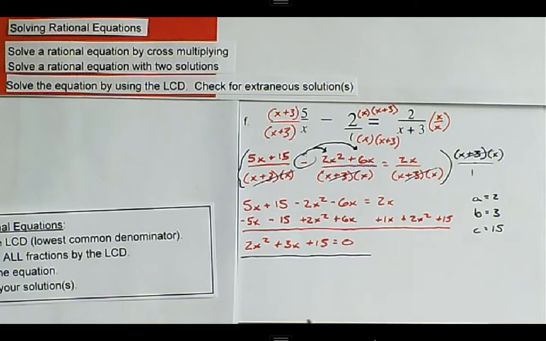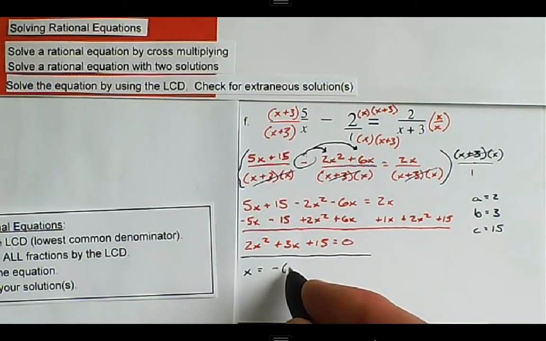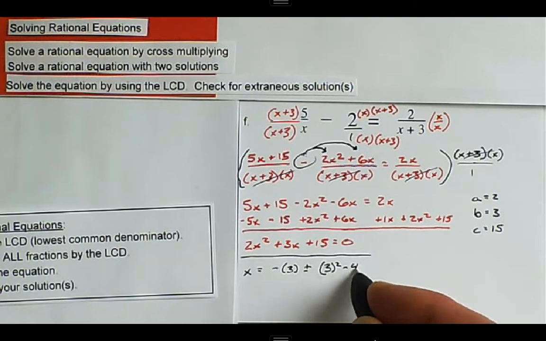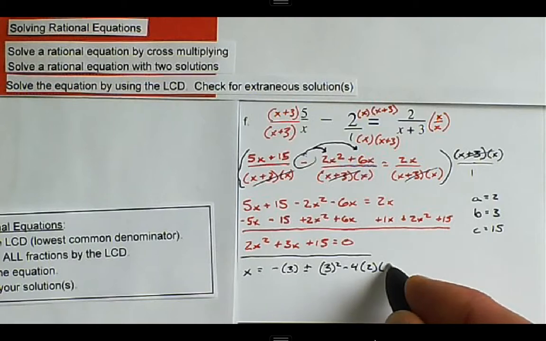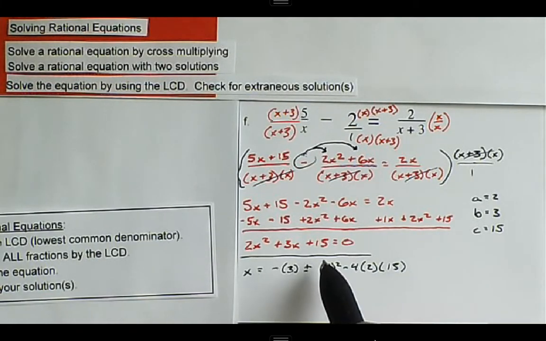So we can use those values there, and we're going to say x is equal to negative b plus or minus the square root of b squared minus 4 times a, which is 2, times c, which is 15. Oh, this is supposed to be a minus 15 here.